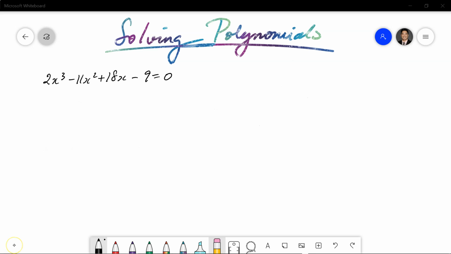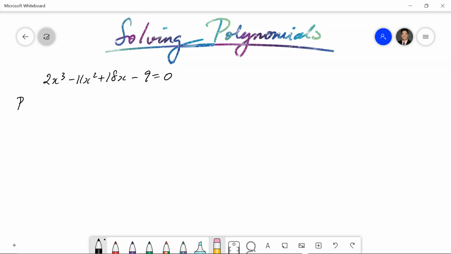Okay, so now let's build up to this polynomial. We've got a polynomial of degree 3, and we can see that there is no common factor of all four terms. So we're just going to work out the polynomial value. Let's just try p of 1.